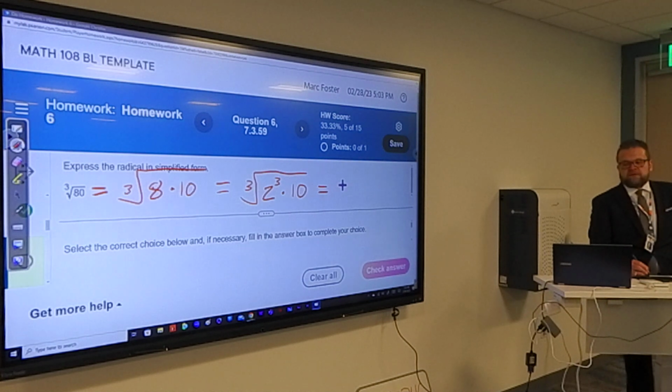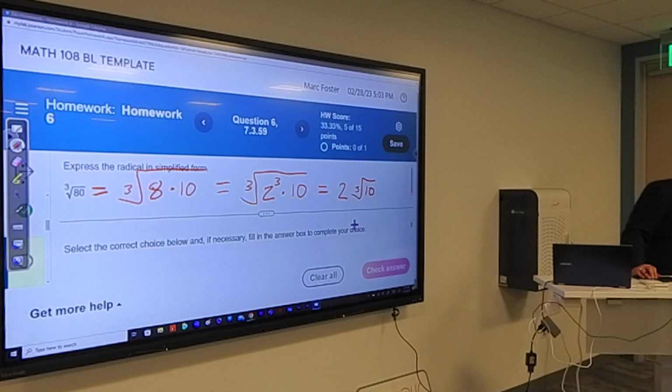And what's my answer? It's 2 cube root of 10.